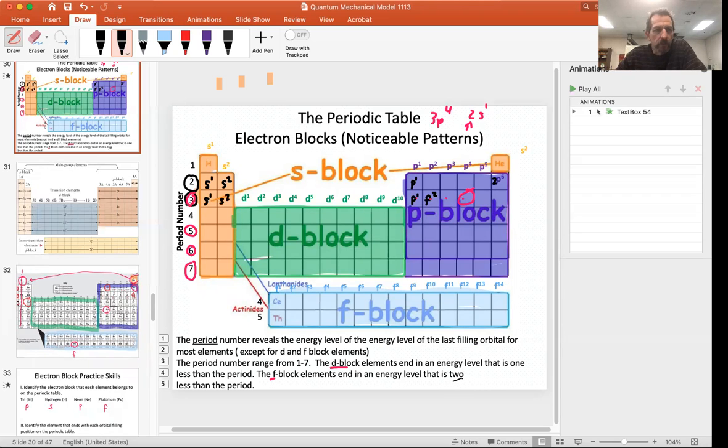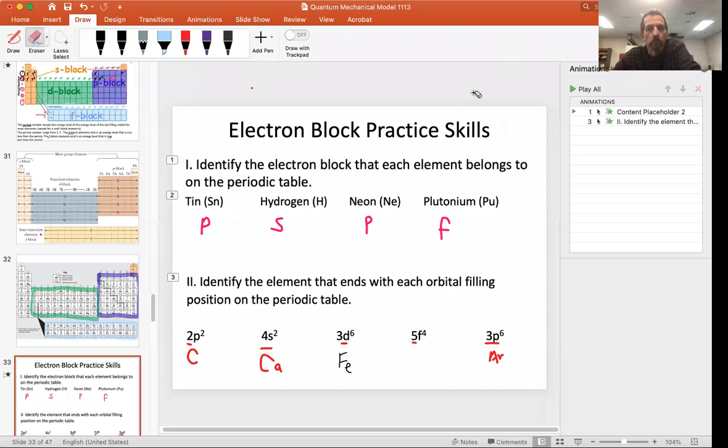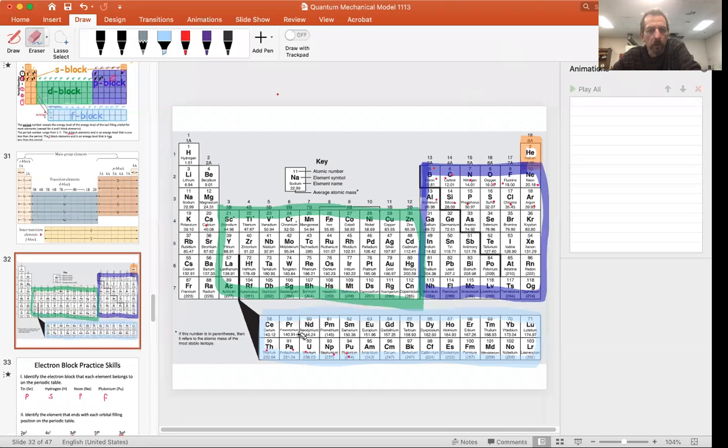Now, F block gets a little confusing because where it's located when you actually look at the periodic table, it's in a strange position. Let's take a look at what I mean by a strange position. 5f4. What we notice is that the F block squeezes into this region right here where that little black line is.